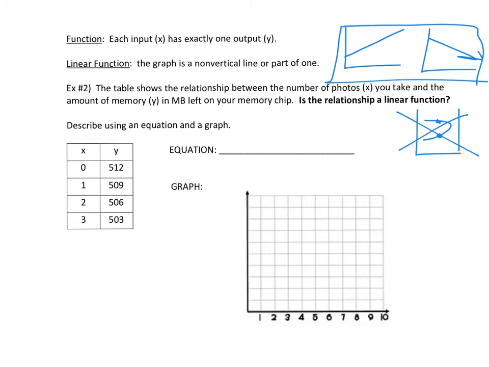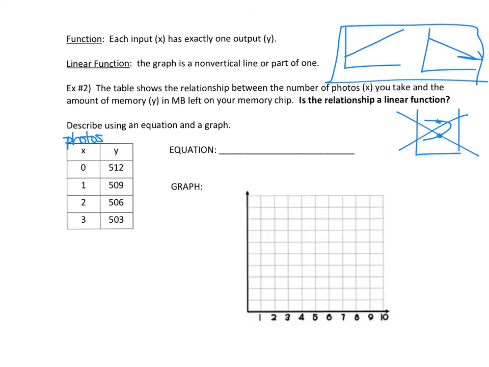These are functions. Okay, so we're going to graph this function and try to come up with an equation for it. And I feel like this one's going to feel easier because I told you the process already. So we're going to see if you guys can help me come up with this one. Here's what it says. The table shows the relationship between the number of photos, that's our x, okay? So if you want to label it just to help yourself understand, you can do that.